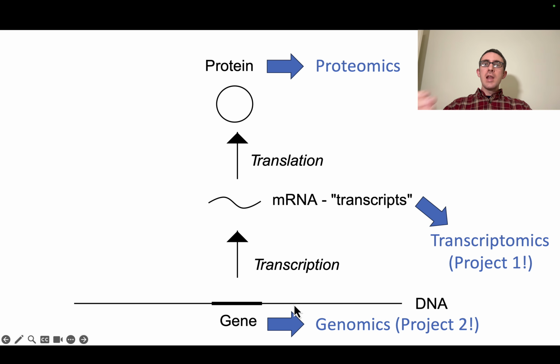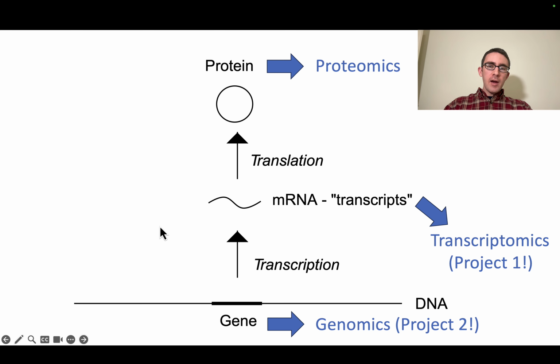So yeah, this next part of the course is going to be about genomics, basically transitioning away from focusing on the mRNA to more focusing on the actual DNA itself and the genes and the actual sequence of nucleotides that make up the DNA.